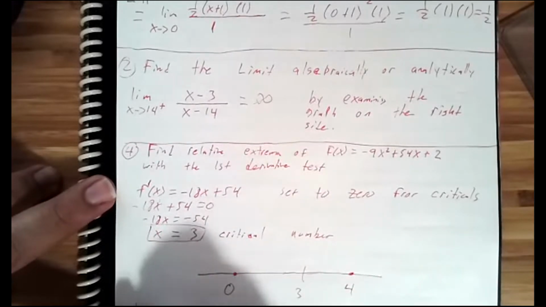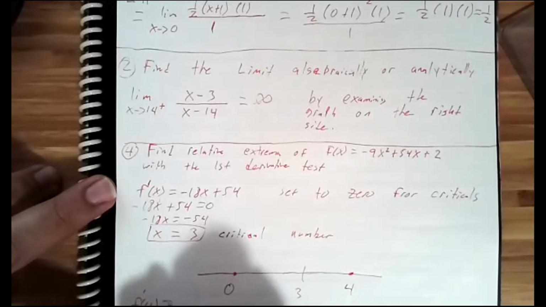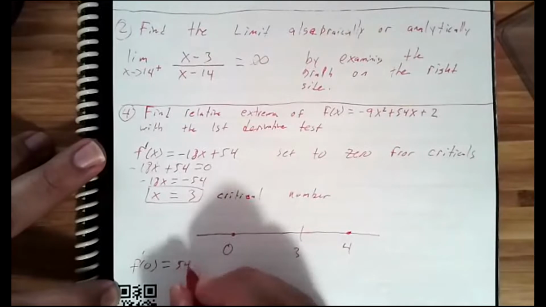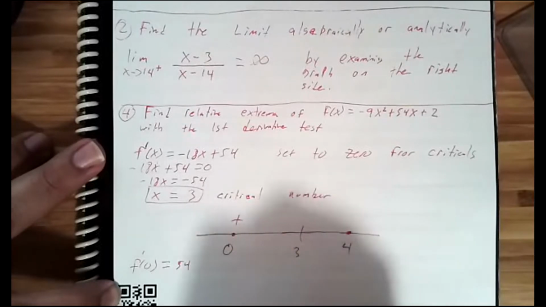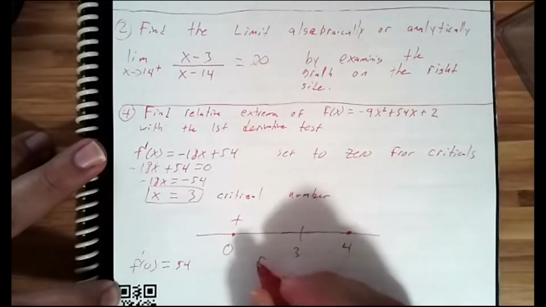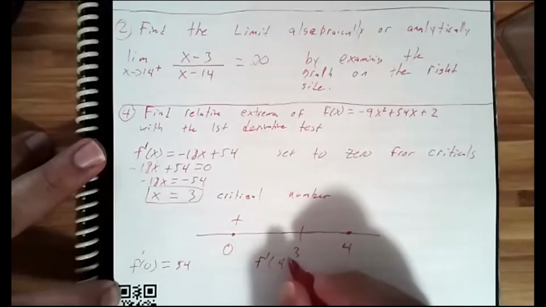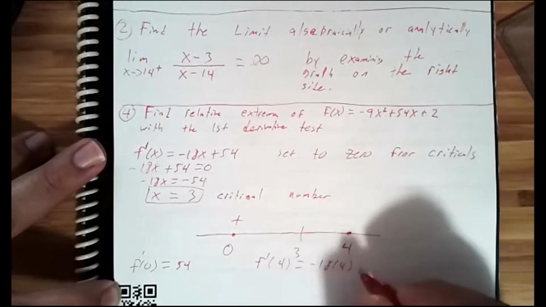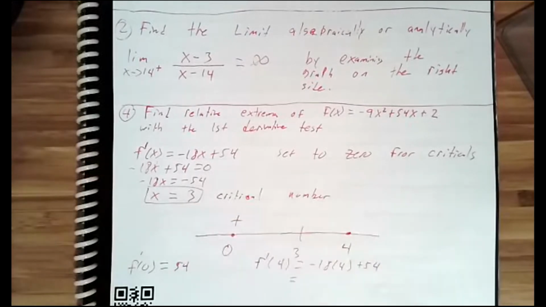All right, so f of 0, derivative at 0, is going to be 54, right? Plus f derivative at 4 will be negative 18 times 4 plus 54, which will be what?